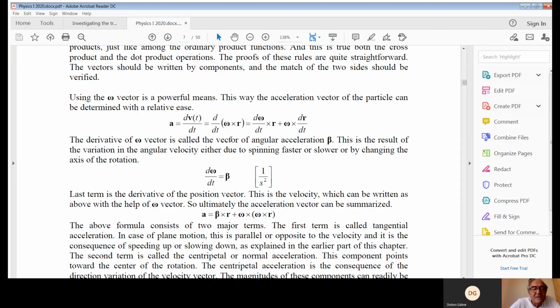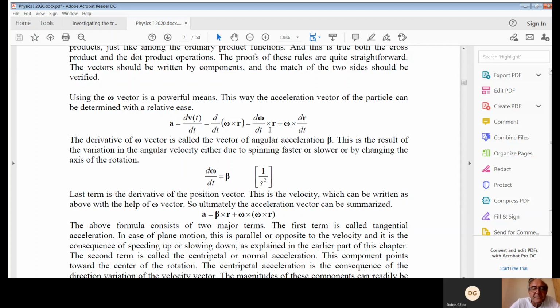The derivative of omega is called the angular acceleration, the beta vector. This is the derivative of the omega. If the omega is also changing in direction, this beta vector is also pointing how the axis of the omega is changing, but also shows how intensive the magnitude change is. So it is a full derivative of the omega.